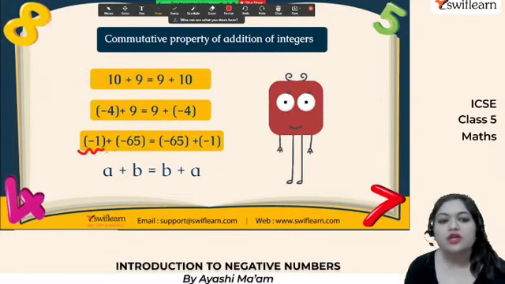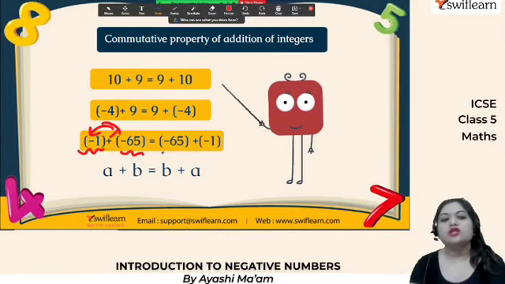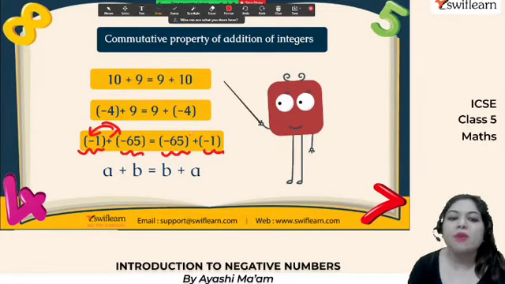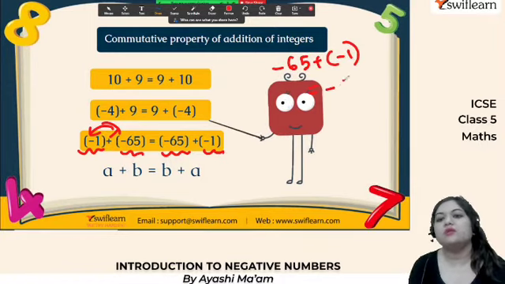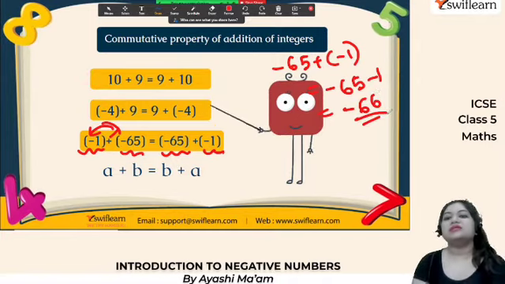Here also, here you have minus 9 plus of minus 65. Even if you interchange the order, so if you write minus 65 at first and then minus 1, you will get the same answer every time. So it is minus 65 plus of minus 1 means minus 65 minus 1, and this answer is minus 66.